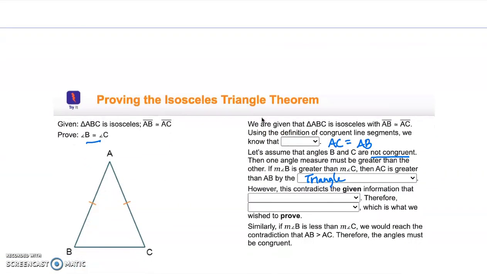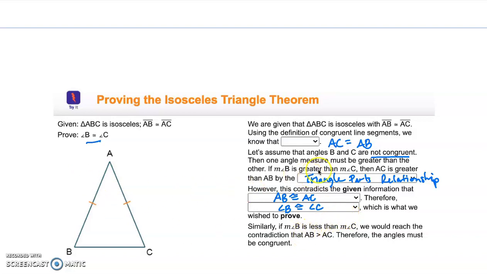The triangle parts relationship is that if one side is bigger, then the opposite angle is bigger. But this contradicts the given information that AB is congruent to AC. It can't be true because these are the same. So therefore, angle B is congruent to angle C, which is what we were trying to prove.